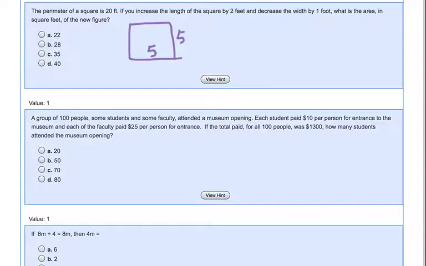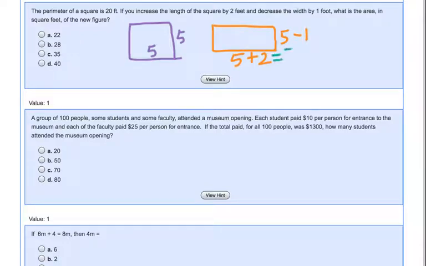Now you increase the length by 2 feet. That means now it's 5 plus 2 equals 7. And decrease the width by 1 foot. That means here it's 5 minus 1.